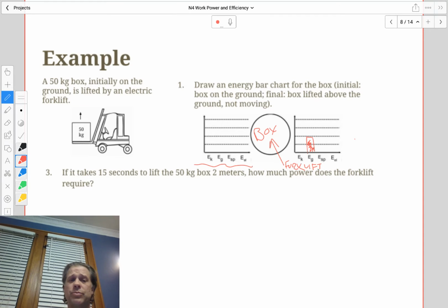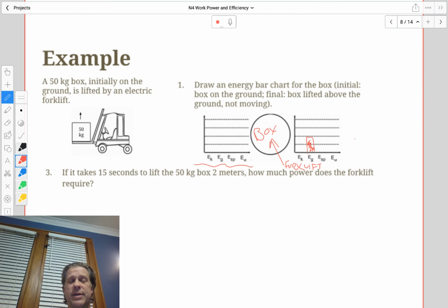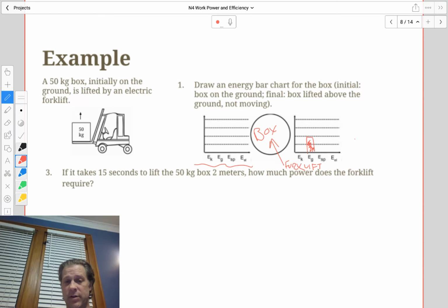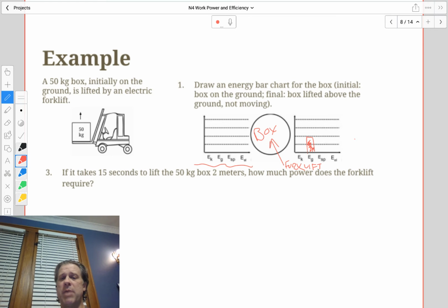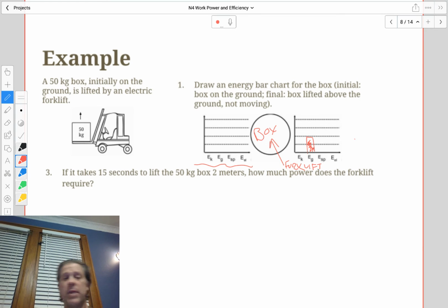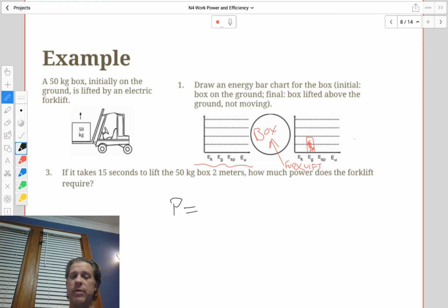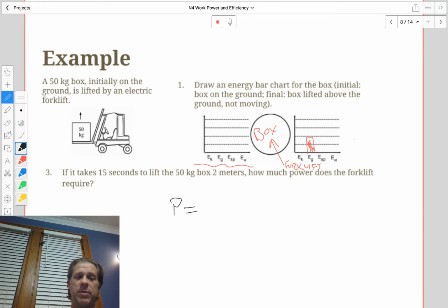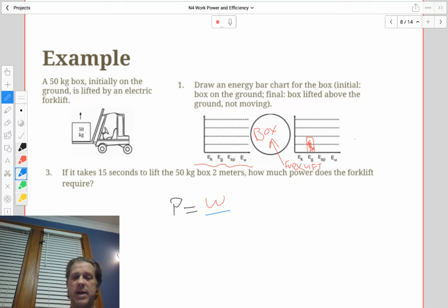So question 3 says, if it takes 15 seconds to lift the 50 kilogram box 2 meters, how much power does the forklift require? So in this case, we're looking for power.